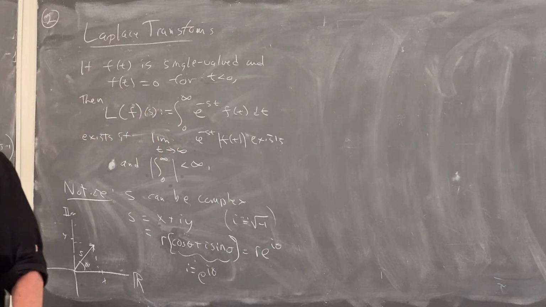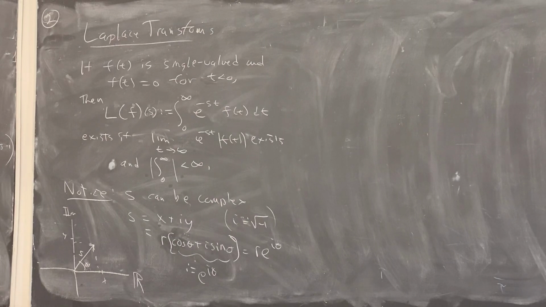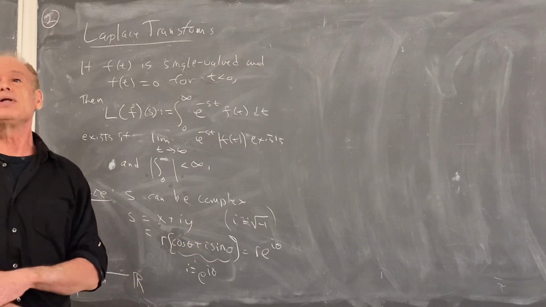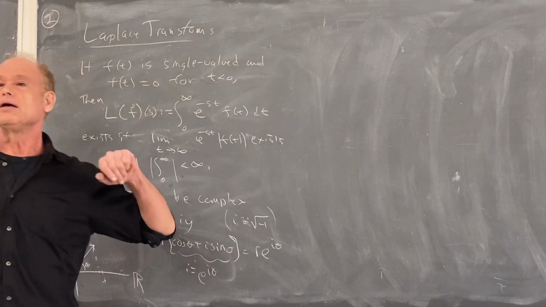Now, you might say, why are you doing that? Well, up until now, you've probably only seen exponentials of real things, not imaginary. If you want to extend exponentials from real to imaginary, how do I do that? Well, it turns out this is the only way that makes sense.